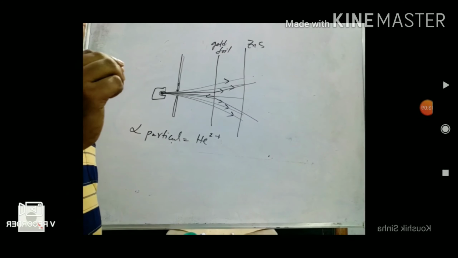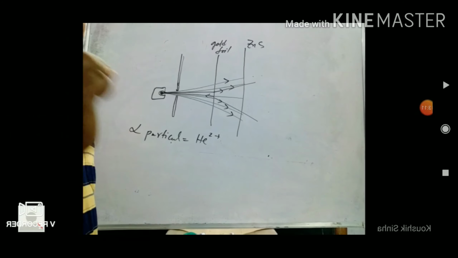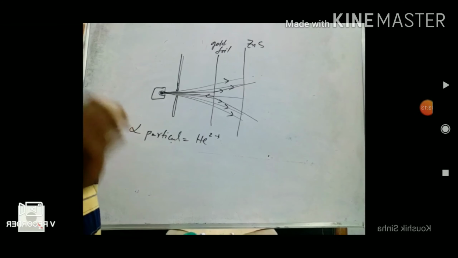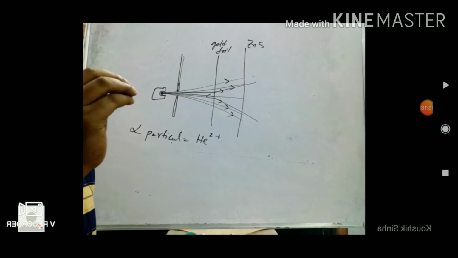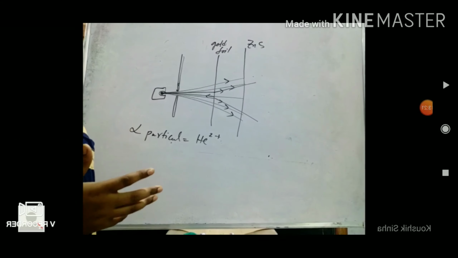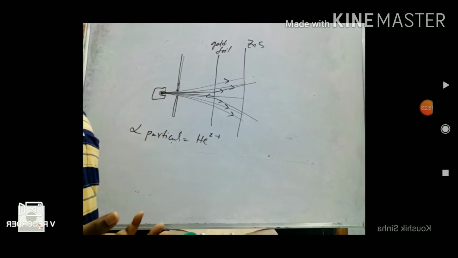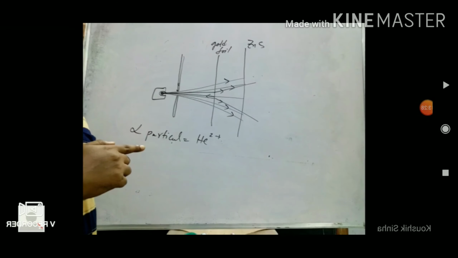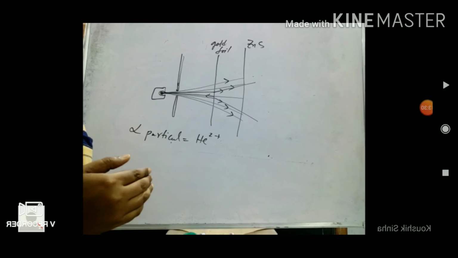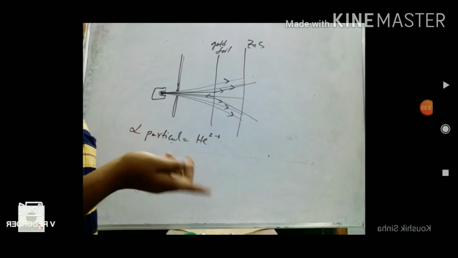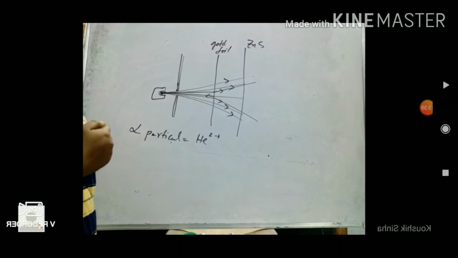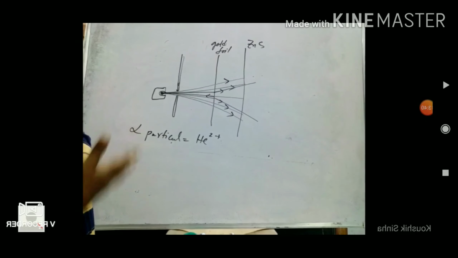There is a very small dense part present in that atom, and the size of that small dense part is very small compared to the total volume of the atom. The particle cannot penetrate through that center. That's why it rebounds in its path. That means in whichever path it was incident, in the same path it reflects. So these are the observations and conclusions.